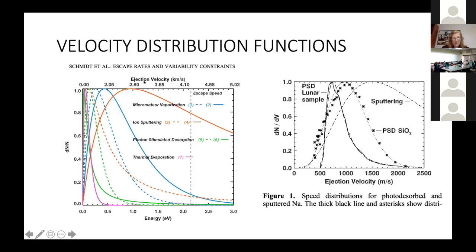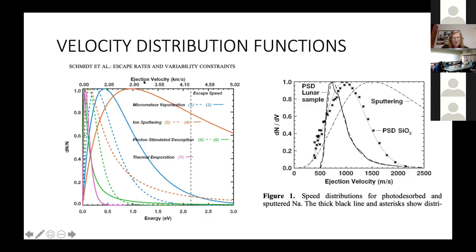The peak of the distribution is half the binding energy. And so the binding energy that you assume is very critical to the velocity distribution. And of course, the vertical dashed line here shows you the escape speed for Mercury. For the Moon, it would be 2.25.